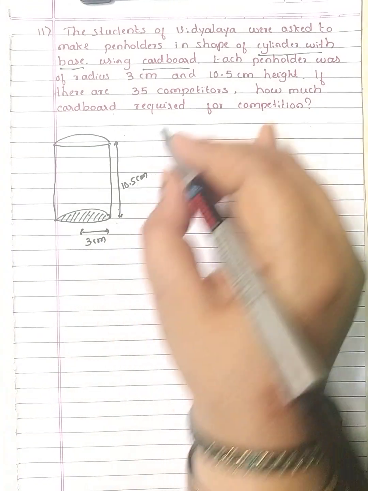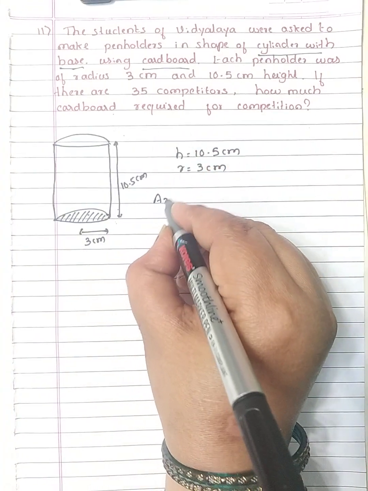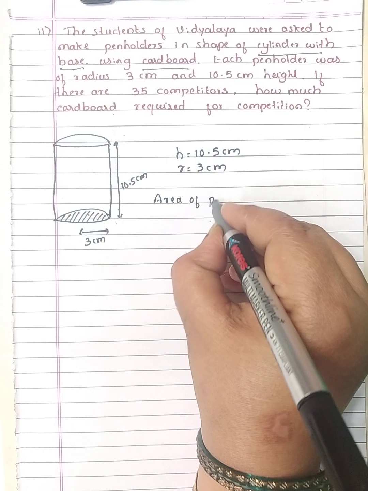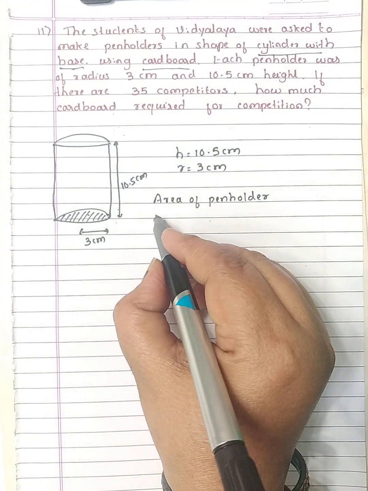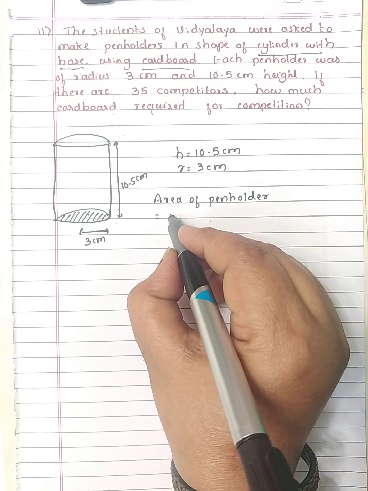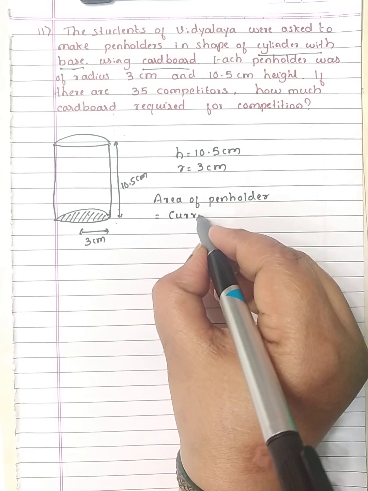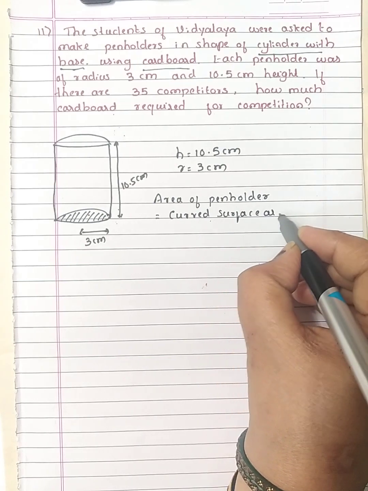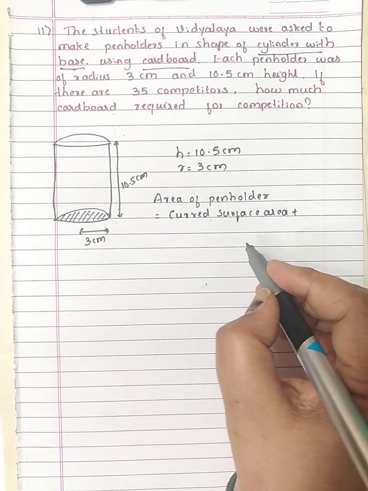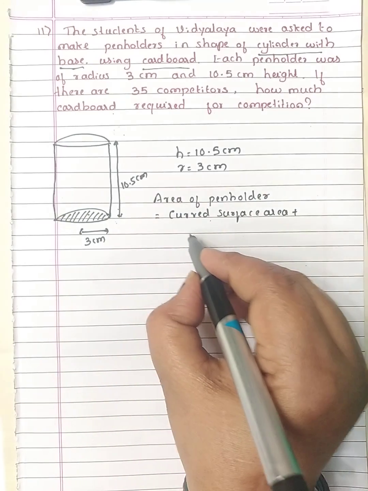We will write area of pen holder. How can we find it? That is curved surface area plus one circular base.